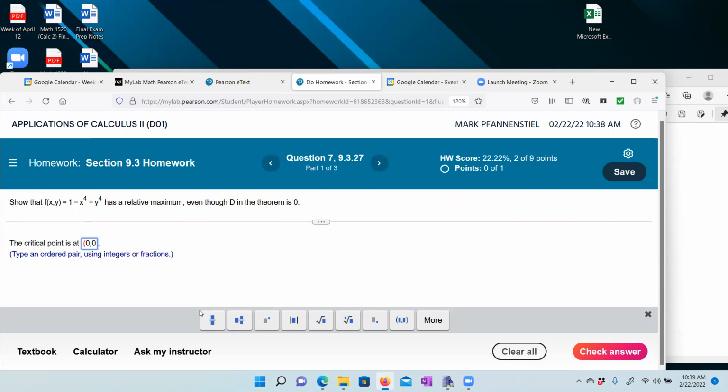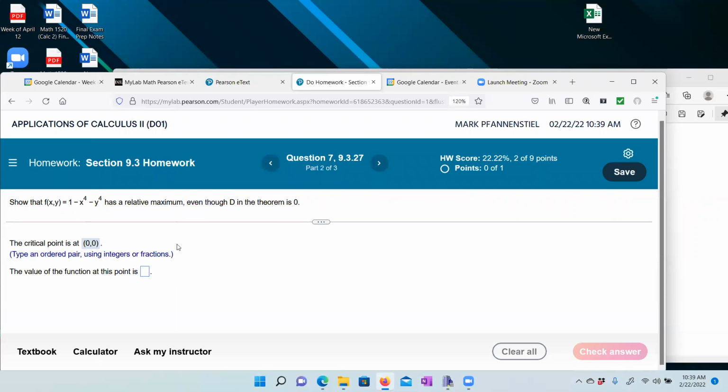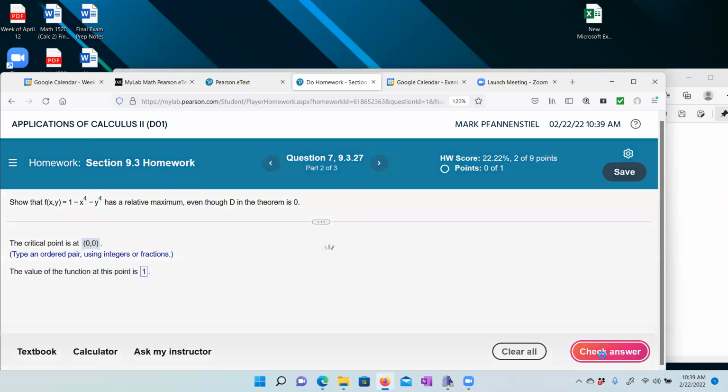Actually, I think it's going to be 1 or something. Let's check. Okay, so we're okay. The value of the function at the point is what I'm looking for. So I plug in 0 and 0, we get 1.